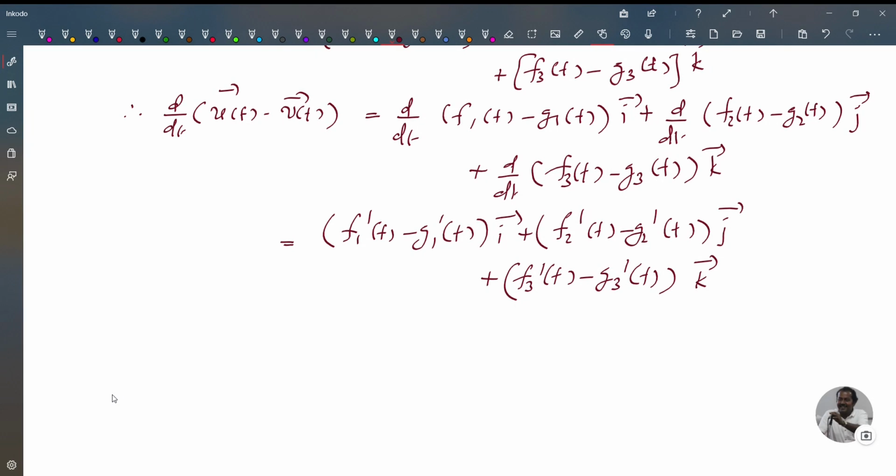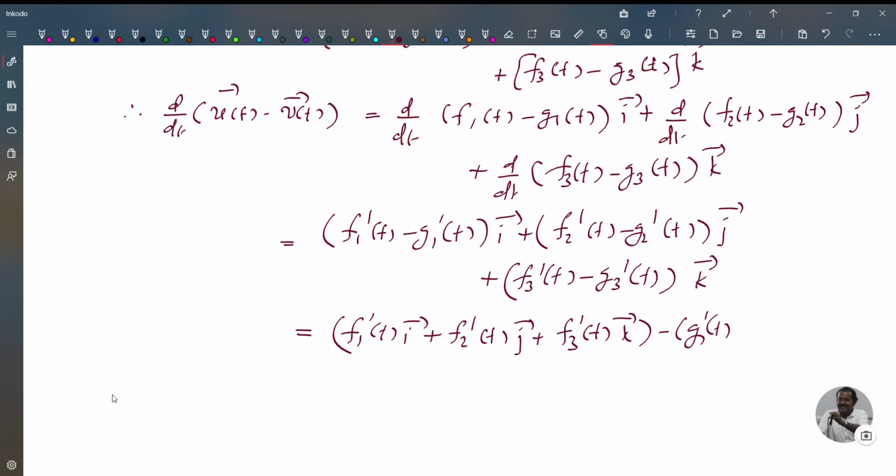So this is equal to f1 prime of t i plus f2 prime of t j plus f3 prime of t k minus g1 prime of t i plus g2 prime of t j plus g3 prime of t k.